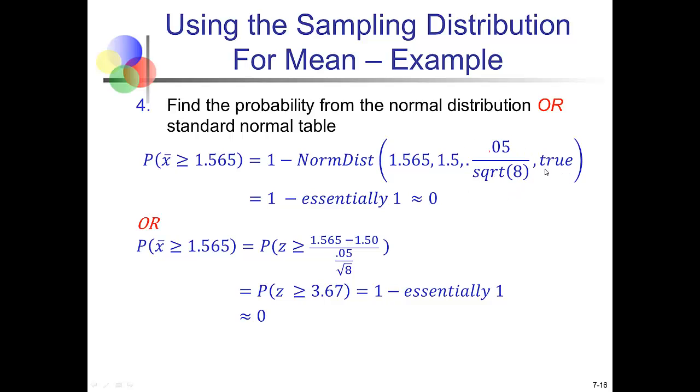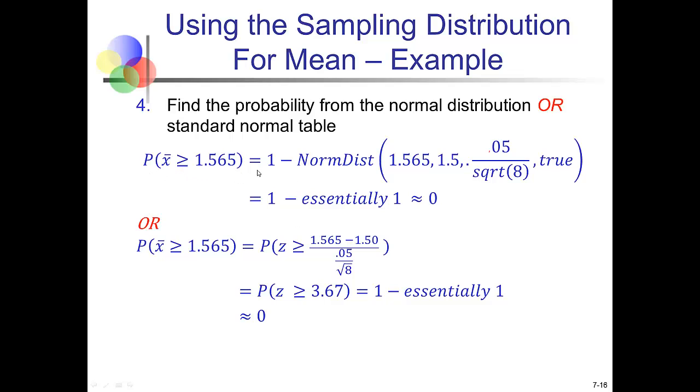And then we continue to use true because we want to add up all the probability to the left of 1.565. Now when I did this in Excel, I found out that normdist is essentially 1. 1 minus something that's basically 1 is basically 0. So there's really a very, very small chance, practically zero chance, of getting a sample mean greater than or equal to 1.565.